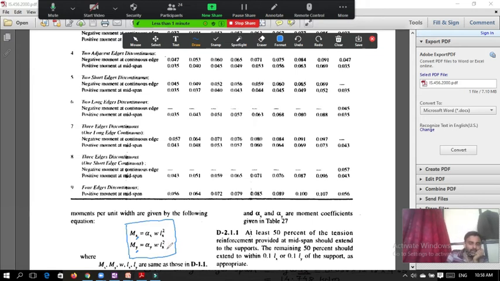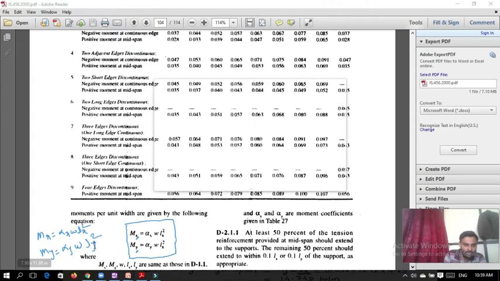Here ly is not considered. So you have to take this formula into consideration: Mx is equal to alpha x w lx square, and My is equal to alpha y w ly square. You need to take these into consideration. Sorry, here not y. Such mistakes happen here.